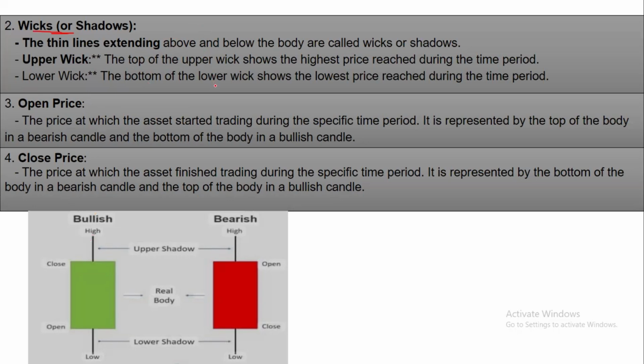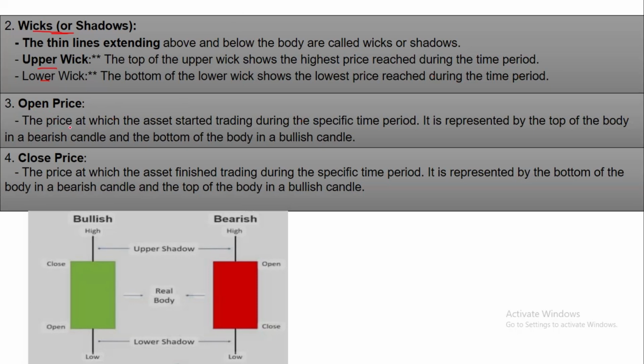A candle usually has two wicks, the upper and the lower wick. The top of the upper wick shows the highest price reached during the time period, and the bottom of the lower wick shows the lowest price reached during the time period, right?